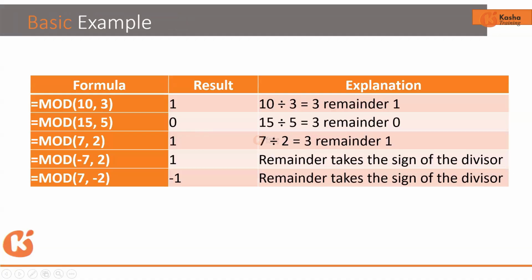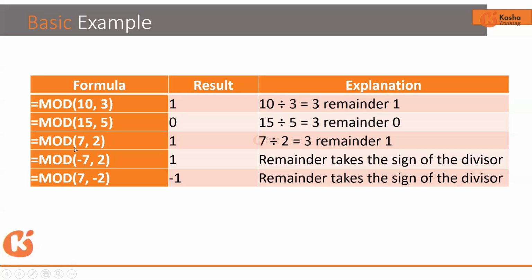Now let's see some more examples with the MOD function. Here you can see MOD 10 divided by 3, which is equal to 1, which we have already seen. In the second example, it is 15 divided by 5. Now there is no remainder here, so the result is coming as 0. Here you can also see the explanation: 15 divided by 5 is equal to 3, and the remainder is 0.